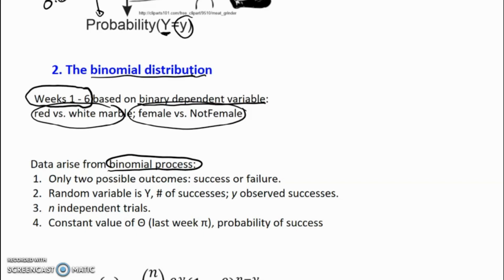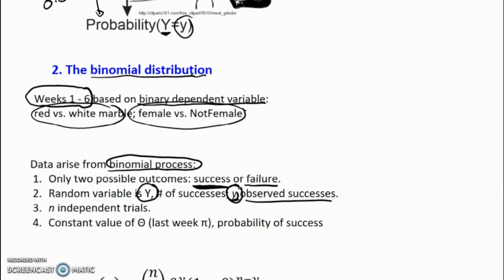So then, to come back to the idea of what the process is, we refer to it as a binomial process. First of all, there are only two possible outcomes, success or failure. The choice between them is somewhat arbitrary. The random variable that we're dealing with is uppercase Y, which is the number of successes. In any experiment, we observe lowercase y, the observed successes, when we actually do the experiment.